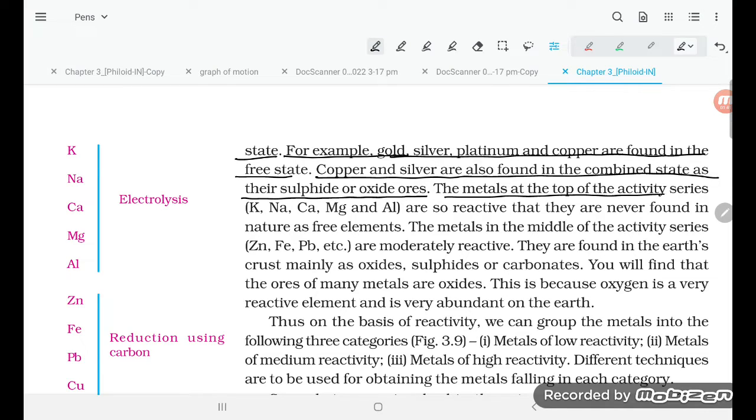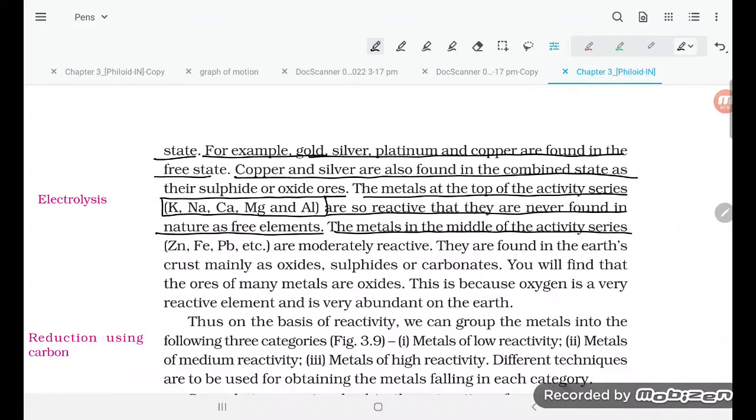The metals at the top of the reactivity series like potassium, sodium, calcium, magnesium, and aluminum are so reactive that they are never found in nature in the free state. The metals in the middle of the reactivity series like zinc, iron, lead, etc. are moderately reactive.